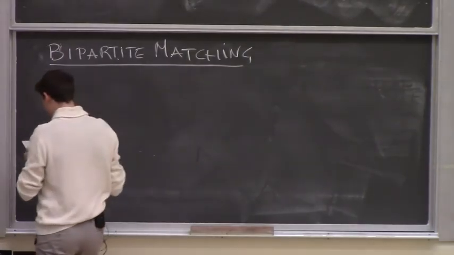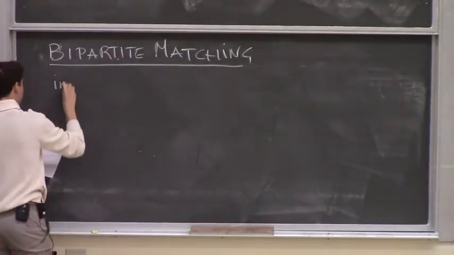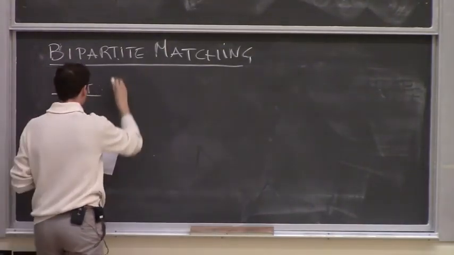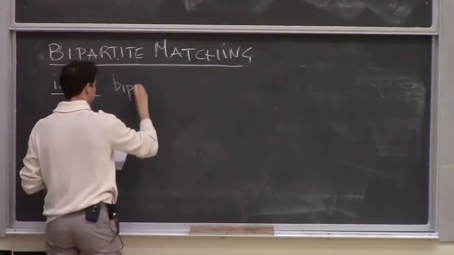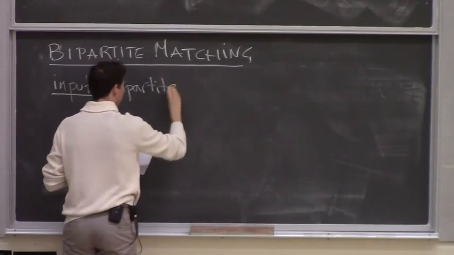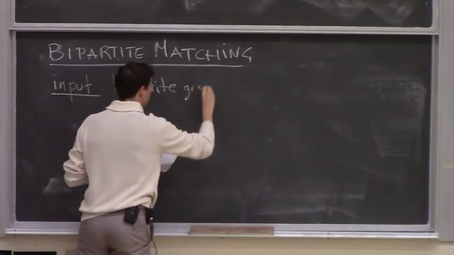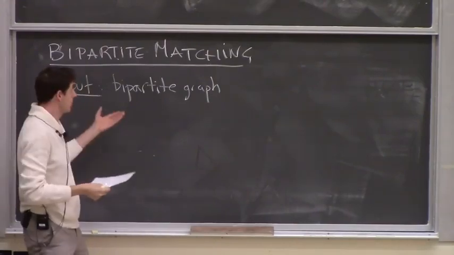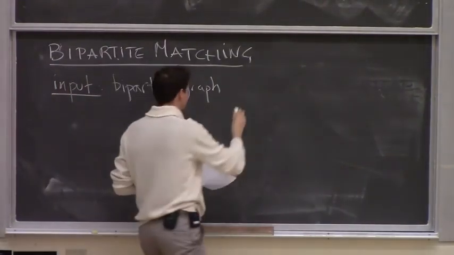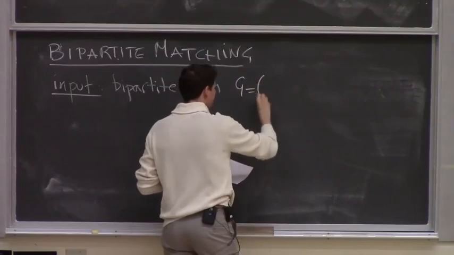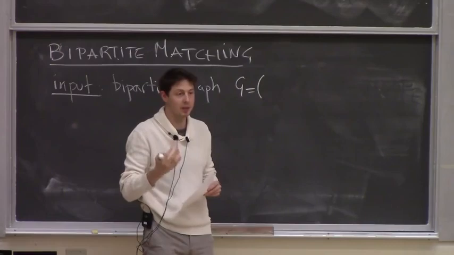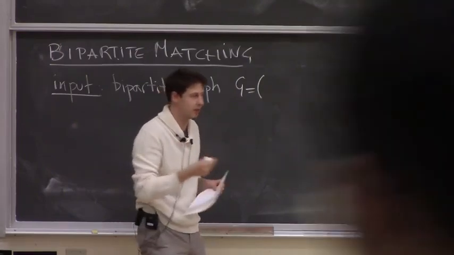Okay, so the input is going to be a bipartite graph. So what is a bipartite graph? It's a graph that has 2 parts, right? That's what it says. So what are these 2 parts? It means that you're going to take the vertex set and think of it as made up of left vertices and right vertices.